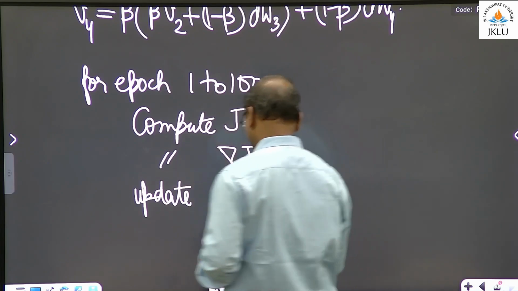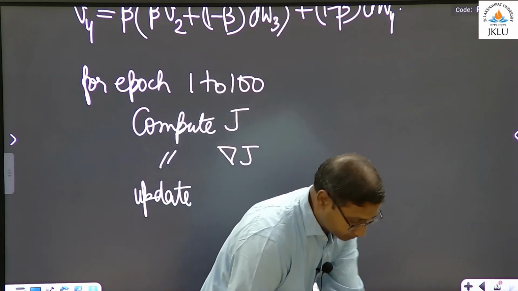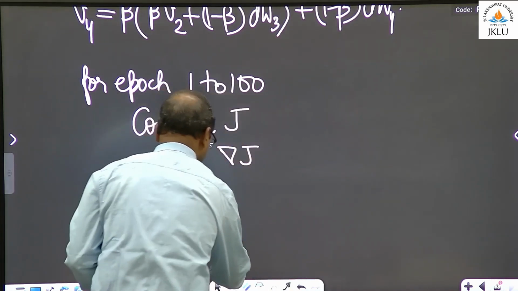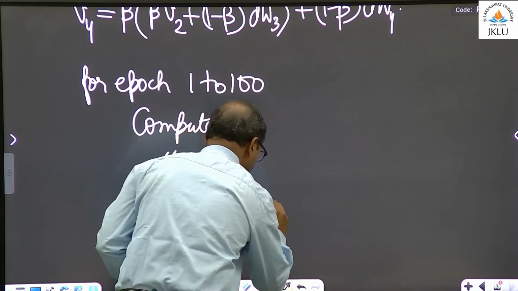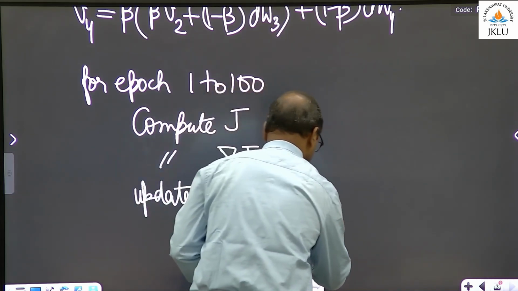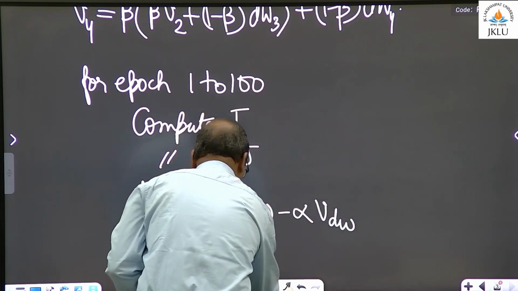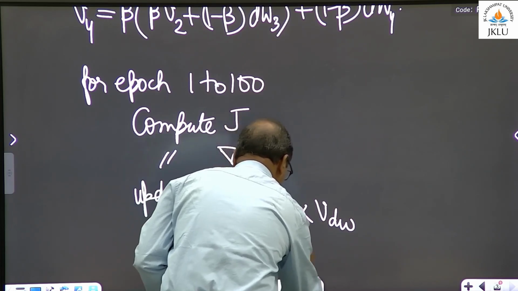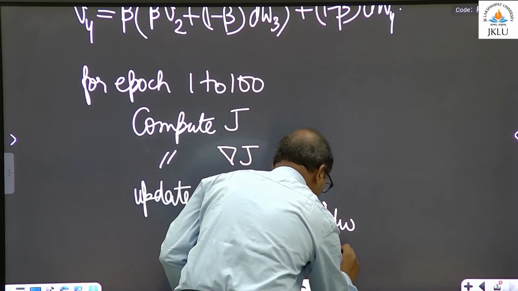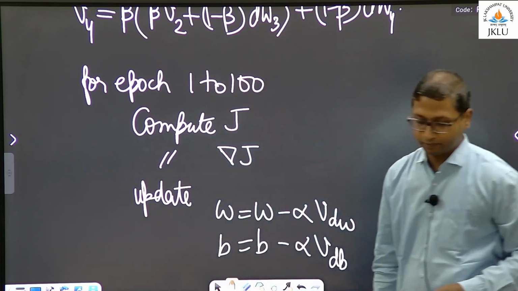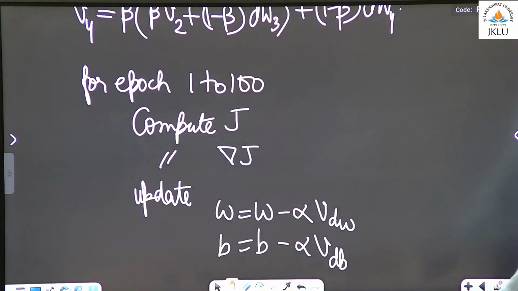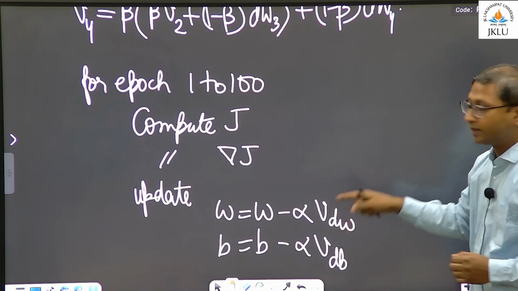So we have W equal to W minus alpha times VdW, and how are you computing this VdW?